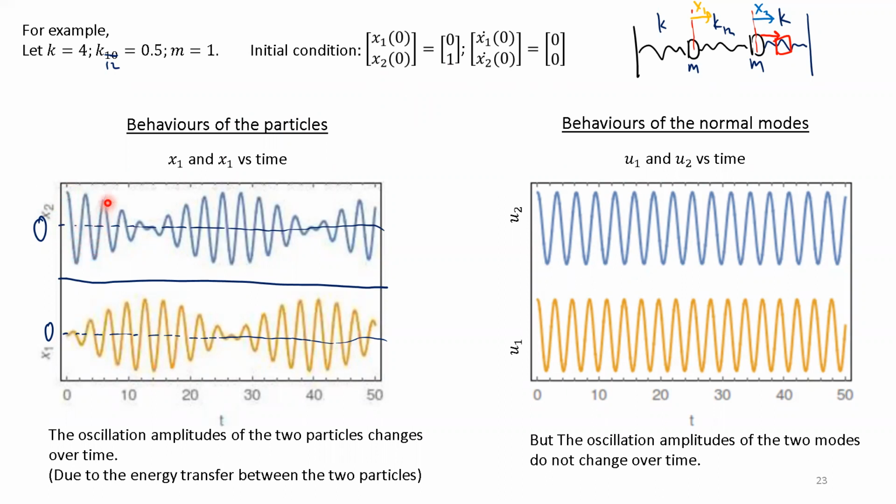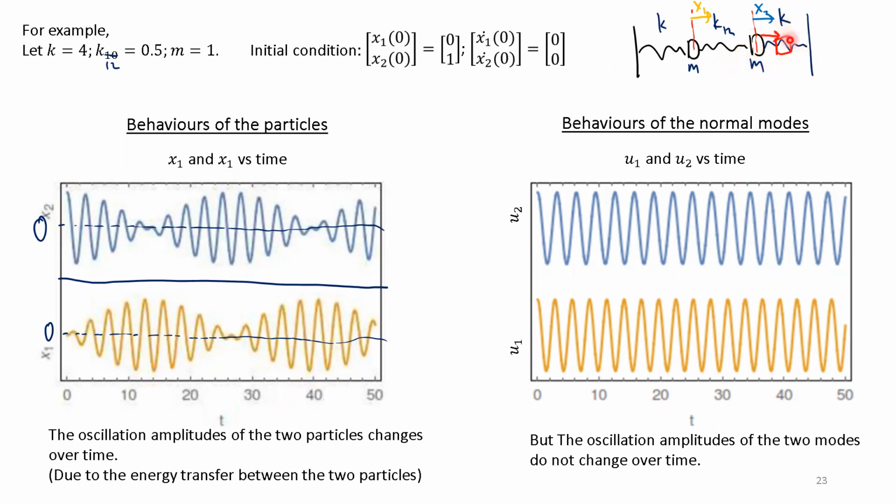But you can see that the oscillation amplitude actually decreased as a function of time. And then at this point, the oscillation amplitude is 0. So physically, what's happening is that initially this one has a larger oscillation amplitude, and that means it has more energy.